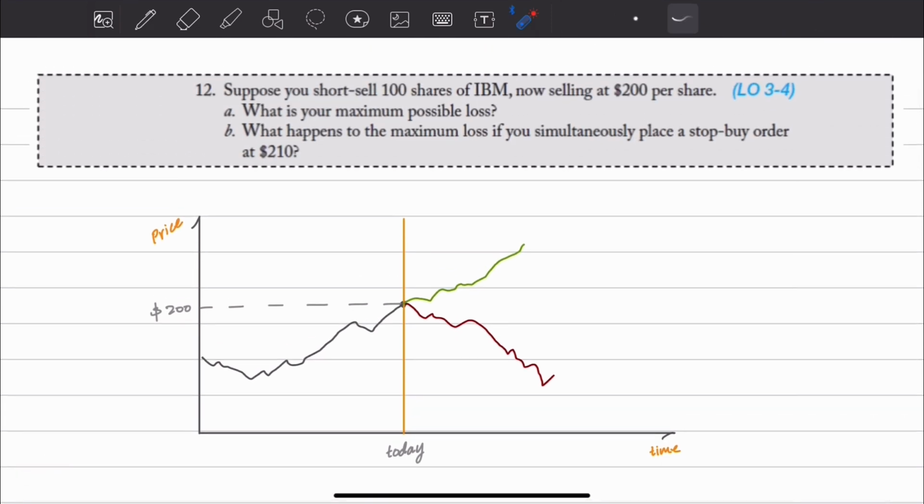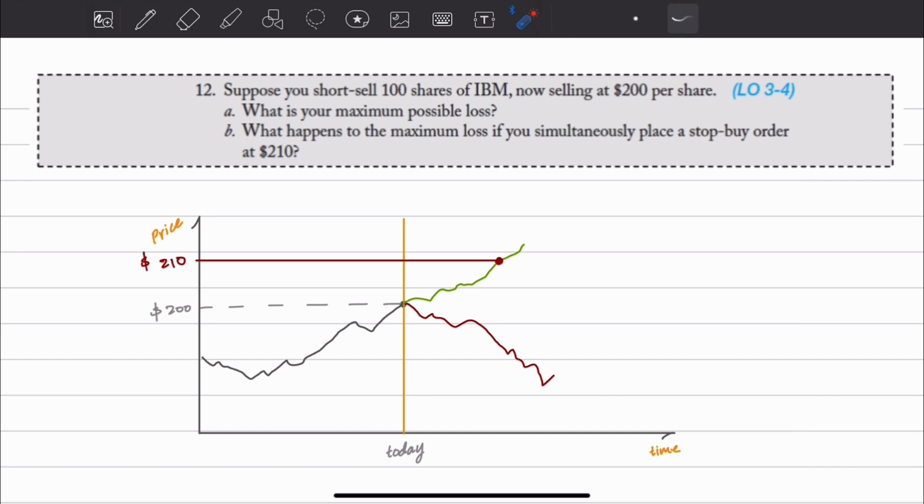It says, what happens to the maximum loss if you simultaneously place a stop buy order at 210? Okay, so you short sell the stock here at 200, but at the same time you place a stop buy order, let's say around here, at 210.